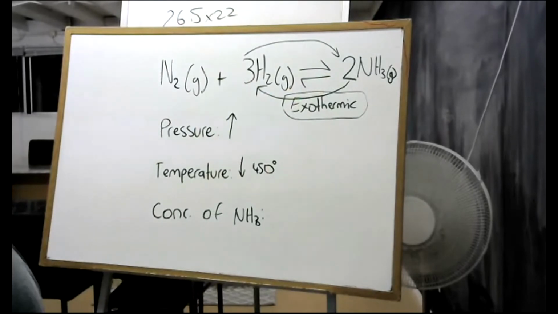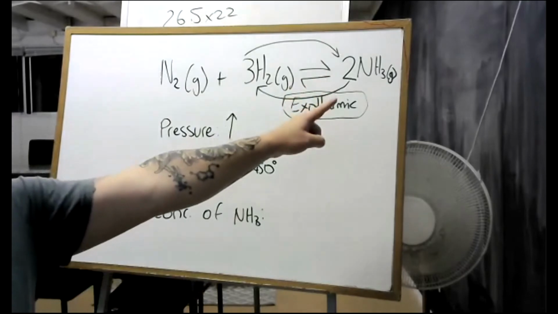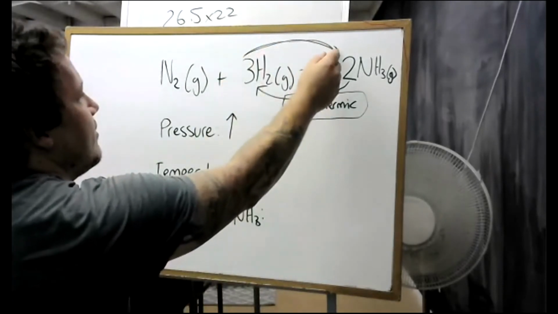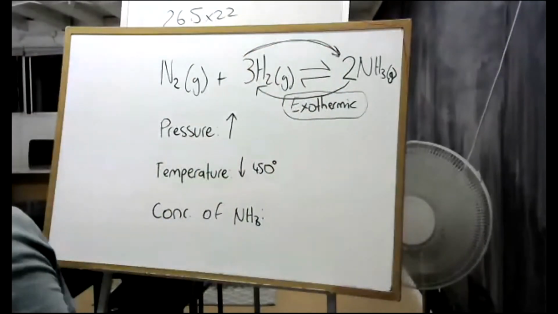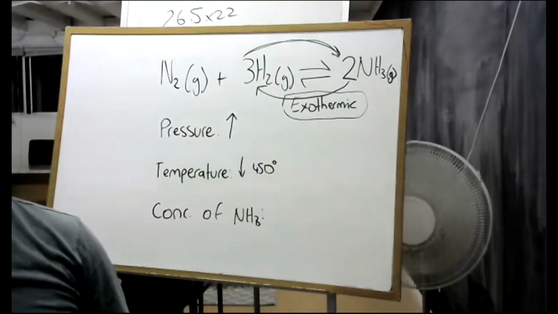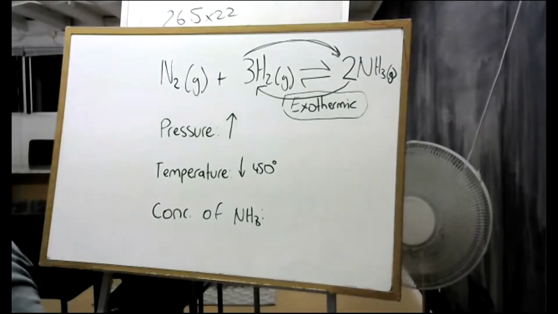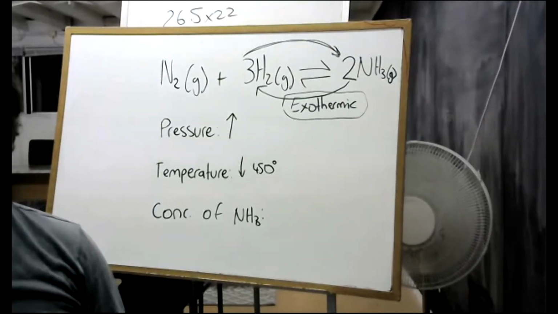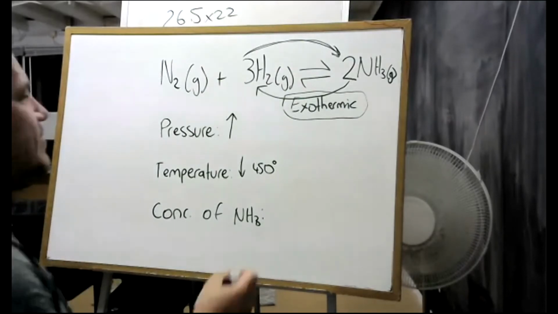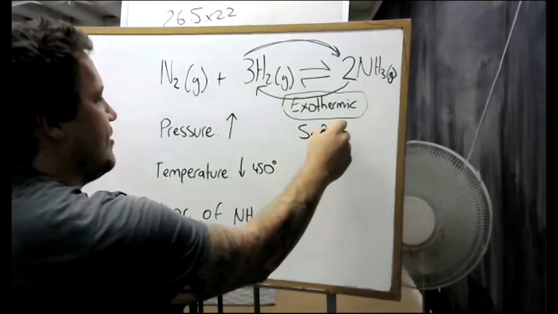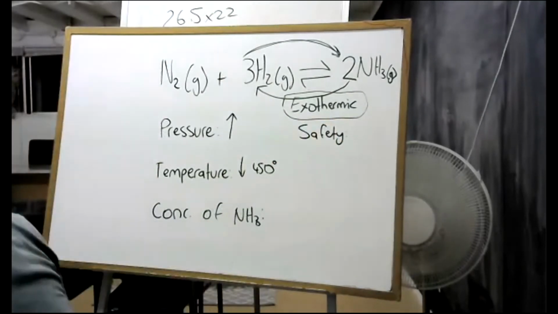The concentration of NH3, which is our product, is really important. We can keep the equilibrium going this way by constantly removing the ammonia. There's also safety concerns when you're using high pressure.